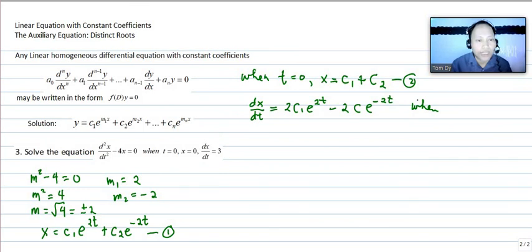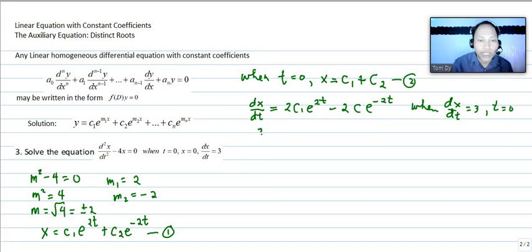Given dx over dt is equivalent to 3, and also our t is equal to 0, then substitute the value of dx over dt into this equation.